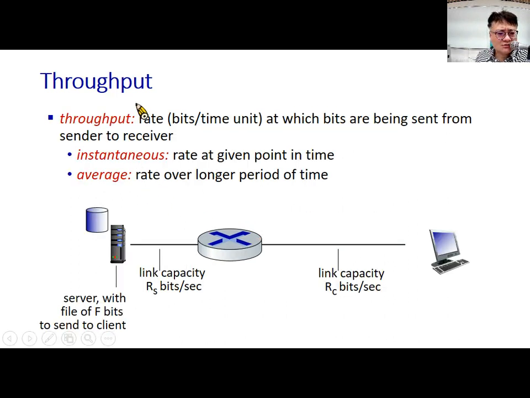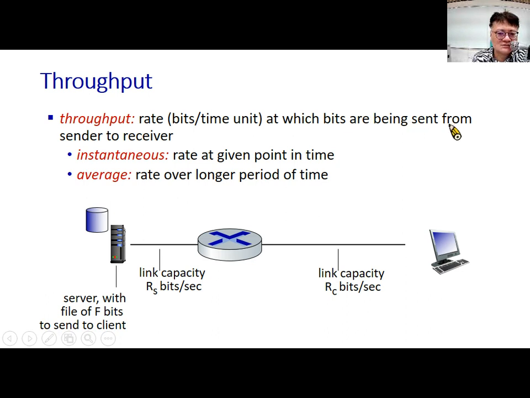And what do we mean by throughput? Throughput is actually based on the rate. How can we define the rate? Rate means bits per time unit, at which the bits are being sent from the sender to the receiver, right?